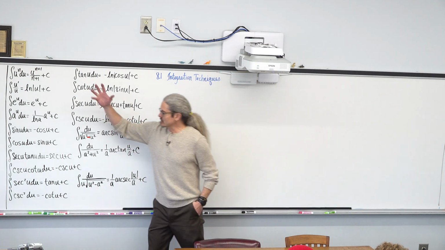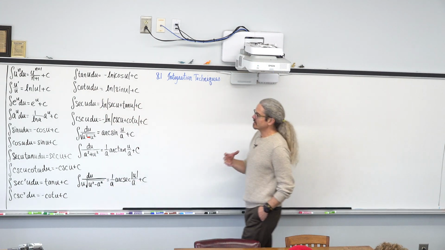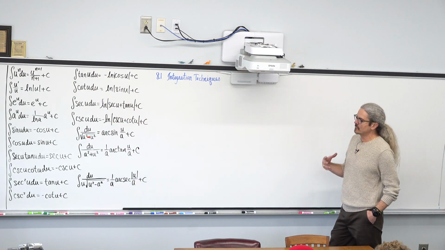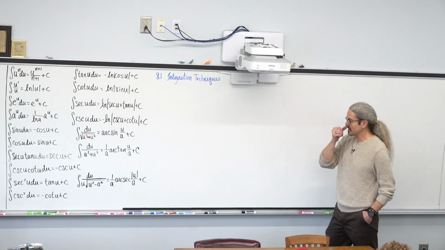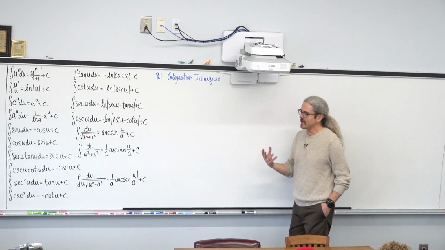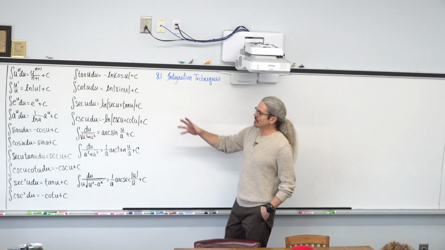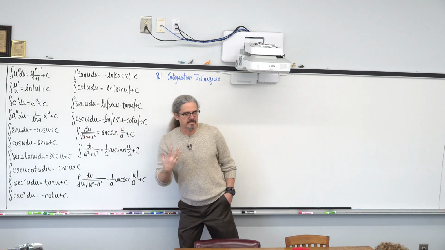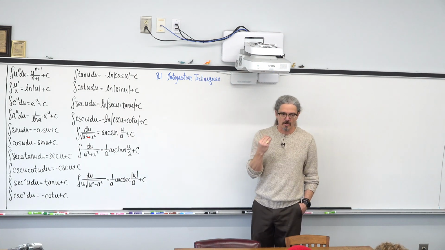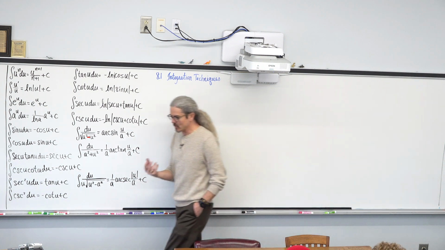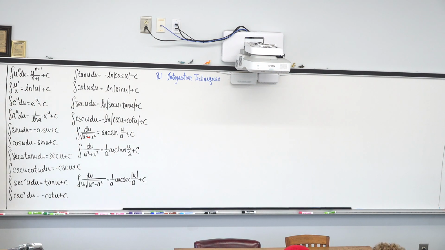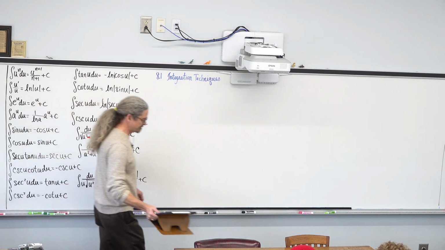So here's all of our integration rules that we've learned. The number one thing I can tell you moving forward, and you've already experienced this near the end of chapter 5, is you need to look at your integration rules and identify which one is closest to the problem you're currently doing, to give you some guidance on how to integrate it.